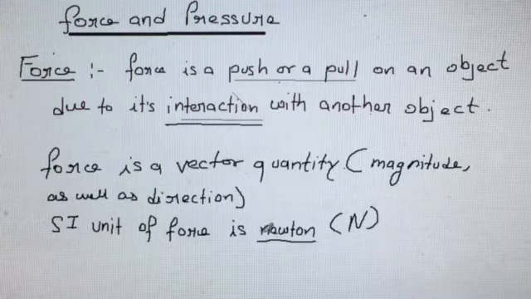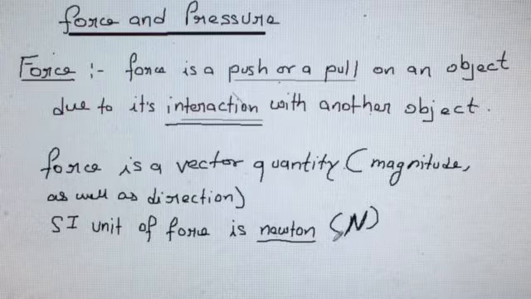When it is written as a unit name, the first letter is a small letter, and when it is represented with a single letter, it is a capital N. So capital N represents the unit of force, which is Newton. Force is a vector quantity, that means it has magnitude as well as direction, and SI unit of force is Newton.